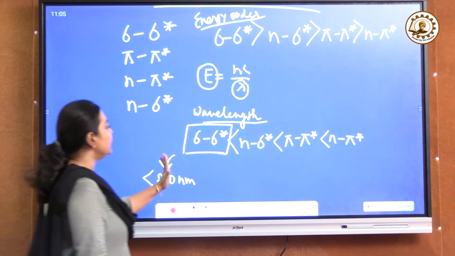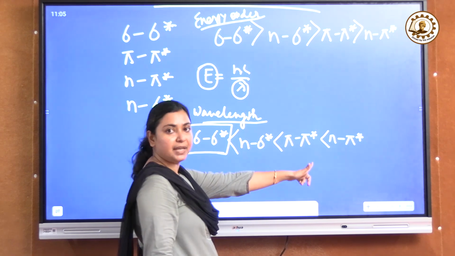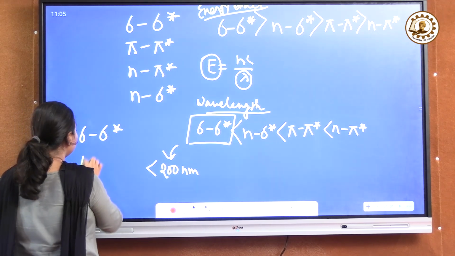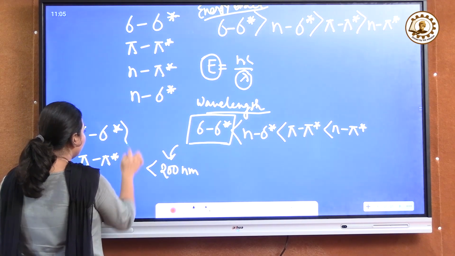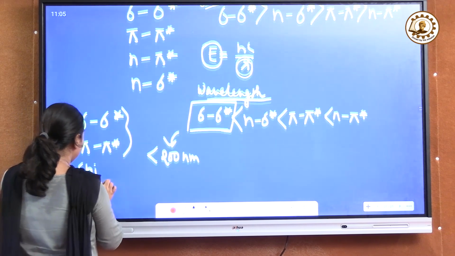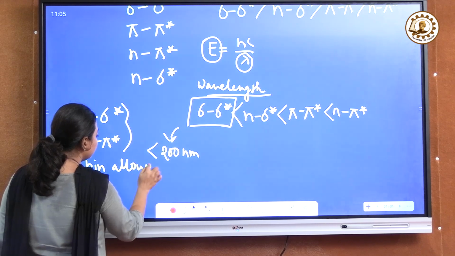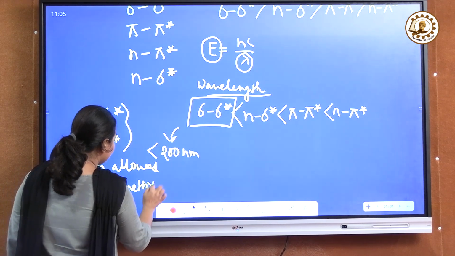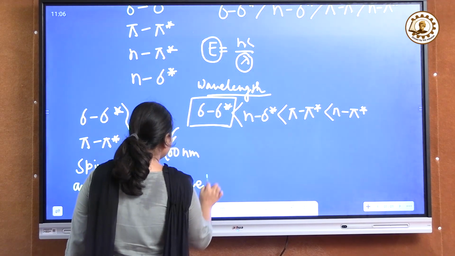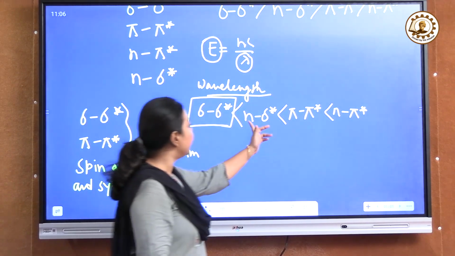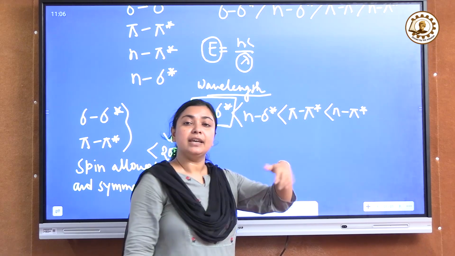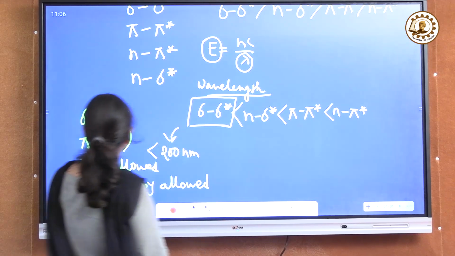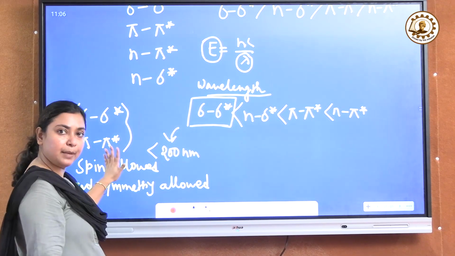We are comparing only between sigma sigma star and pi pi star because, among these four transitions, only sigma sigma star and pi pi star transitions are both spin allowed and symmetry allowed, while n sigma star and n pi star are spin allowed but not symmetry allowed. They are symmetry forbidden transitions. That is why we are only comparing between sigma sigma star and pi pi star.